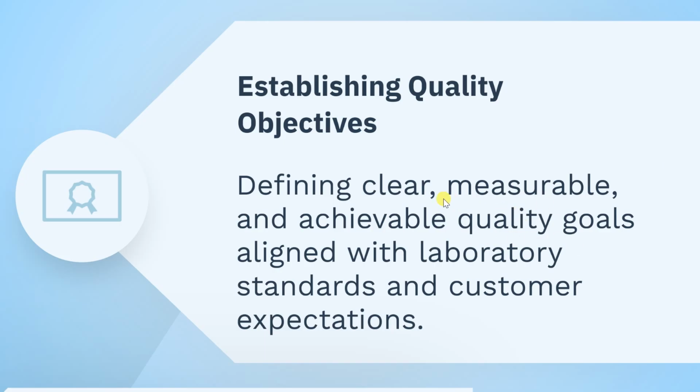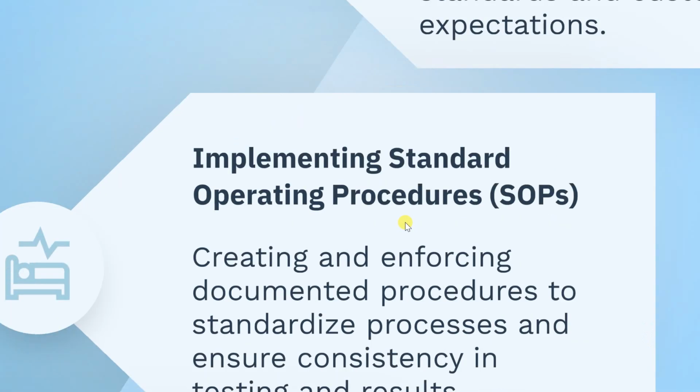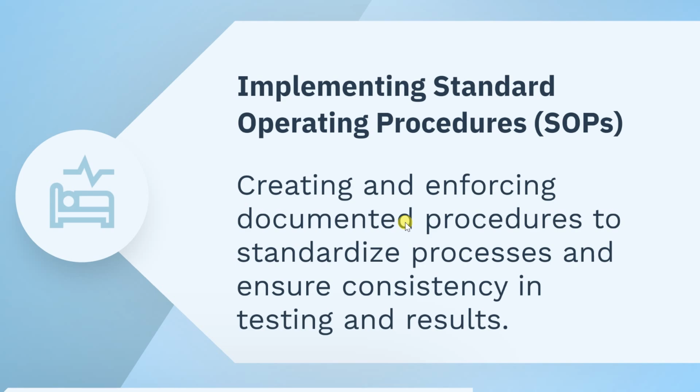Implementing standard operating procedures is the one to follow so that each and everything is conducted in the right way. This involves creating and enforcing documented procedures to standardize processes and ensure consistency in testing and results.